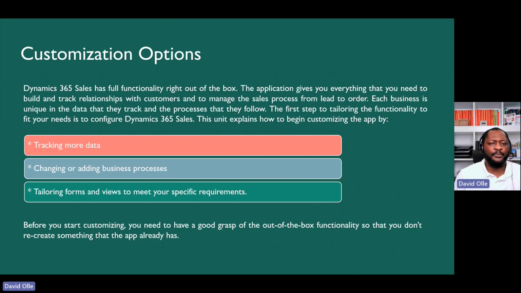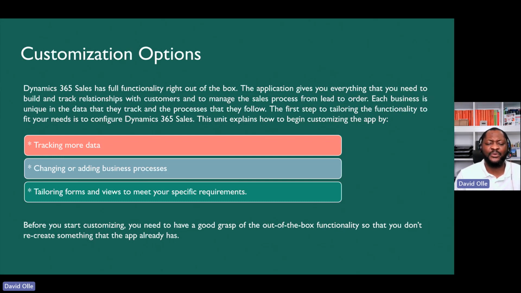So what are the options for configuration? You want to be able to configure how you track your data, right? You have business processes. You want to be able to modify some of the out-of-the-box business processes, as well as change or add new ones, right? And you also have to think about how your forms look to your salesperson.